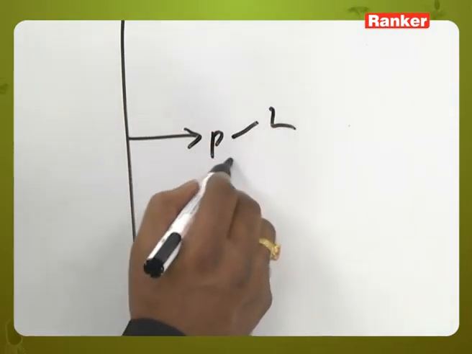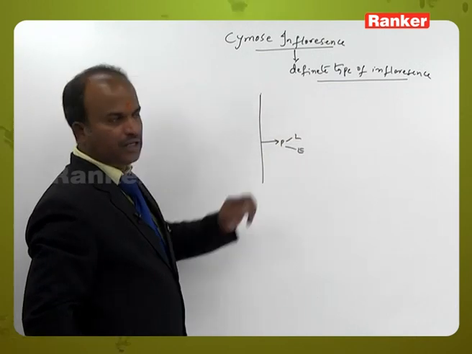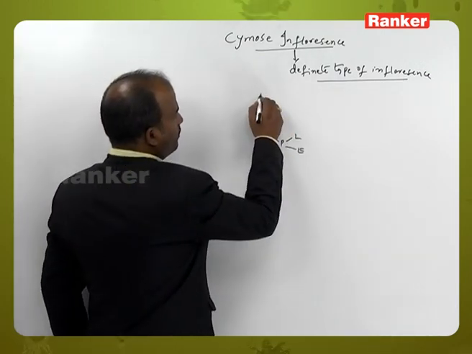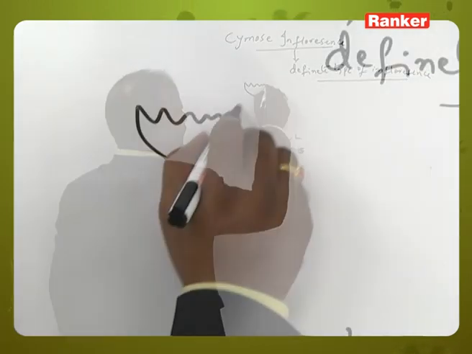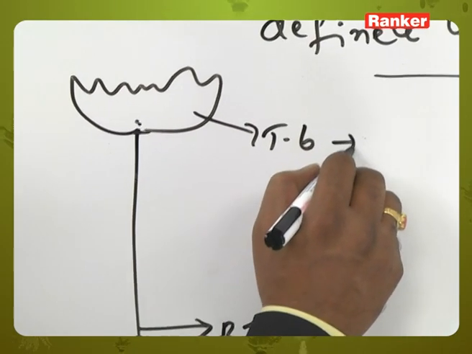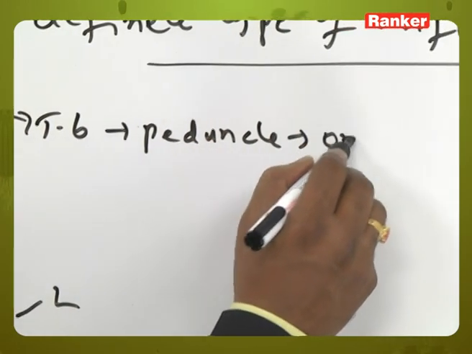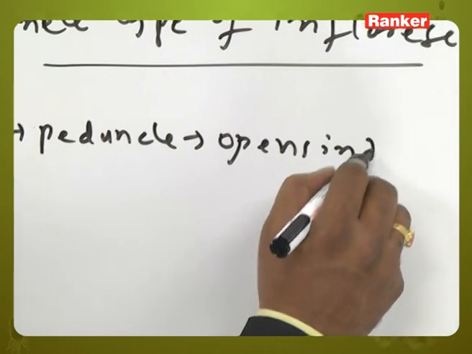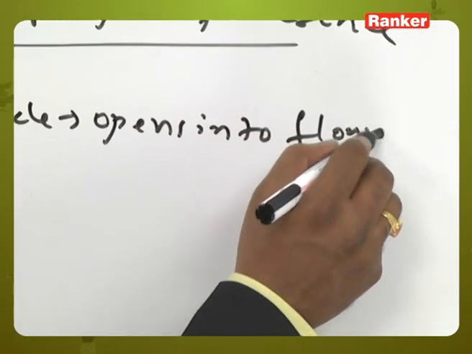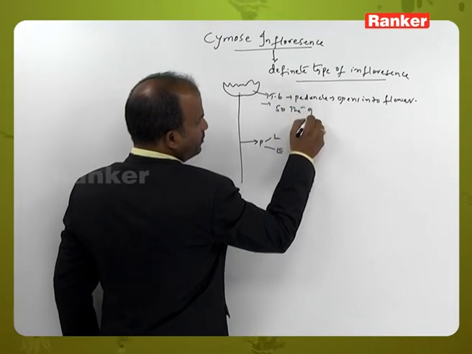The peduncle is long and elongated. The terminal bud of the peduncle opens into a flower, so the growth of the peduncle is stopped.